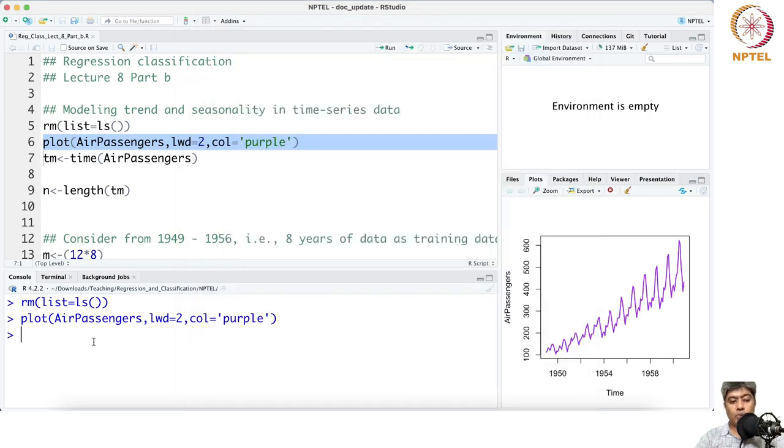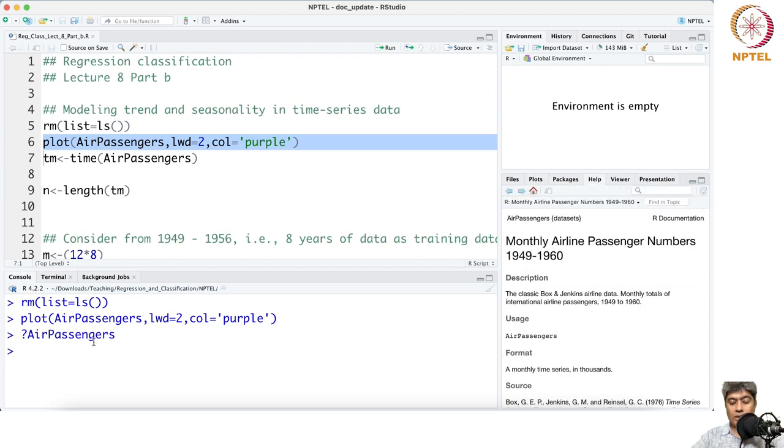In fact, if you do a question mark AirPassengers, it describes the classic Box-Jenkins airline dataset, monthly totals of international air passengers between 1949 and 1960.